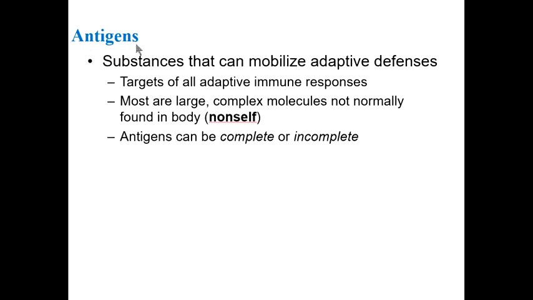So an antigen is something that our defenses don't recognize as our own, but as something foreign. So they're going to generate an immune response. Most are large, complex, like proteins, but others are small and may just consist of a few molecules.